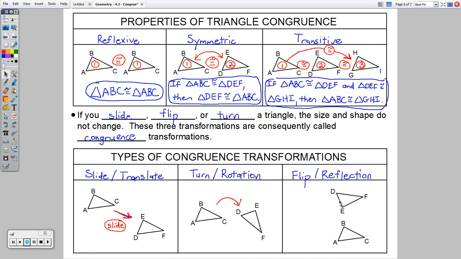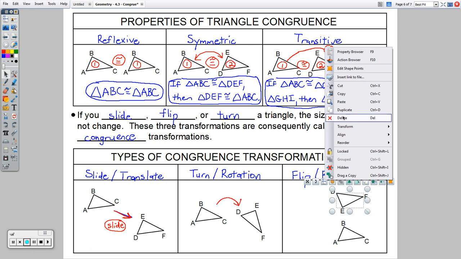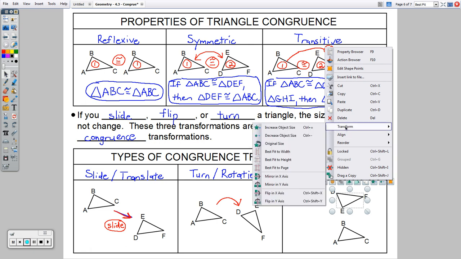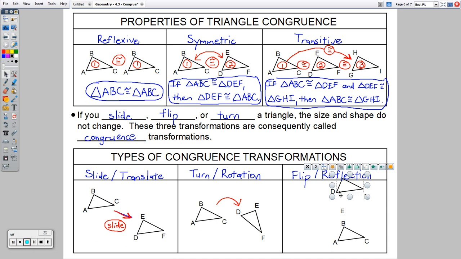And then this one, I flipped it or reflected it. So if I do this, my program's pretty fancy here. It can mirror stuff in the X and Y axis. So if I flip that, oh, now it looks the same as that one. So I actually started with this one, I flipped it over here and got back a congruent triangle that I just had basically picked up, flipped over, and set back down a little bit away from that.